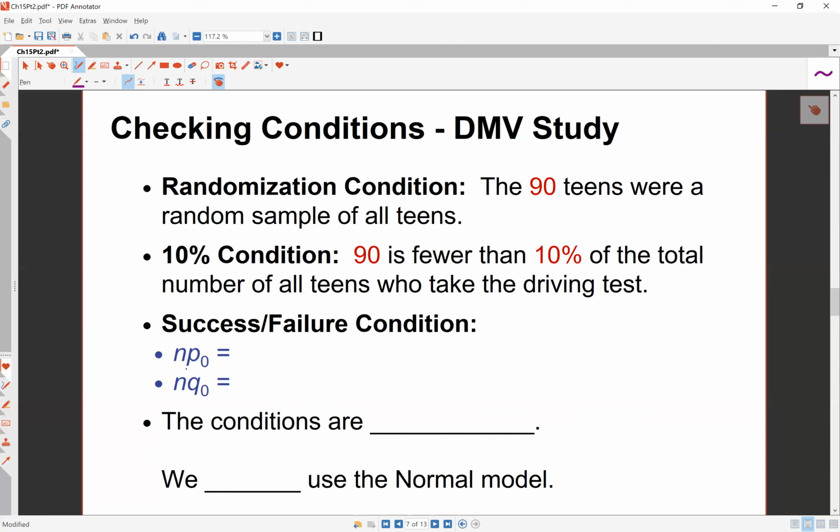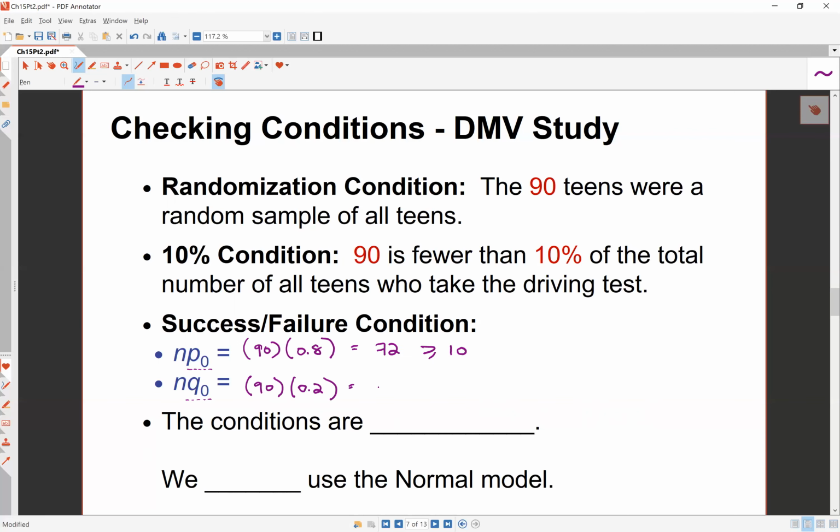And again, you'll note here, these are now calculated using P0 and Q0. So it'll be your sample size multiplied by the proportion under the null hypothesis. And the sample size times the complement of that proportion.